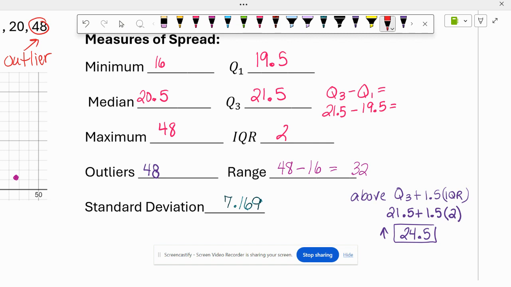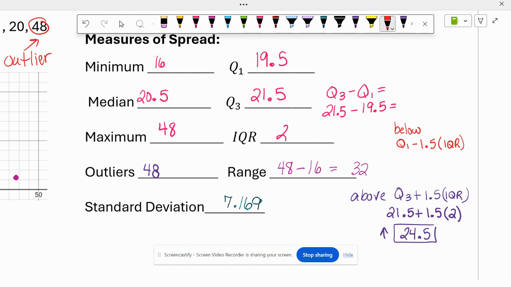You guys guessed that already, right? It looked like it was an outlier. Let's check the below. So below Q1 minus 1.5 times your IQR.